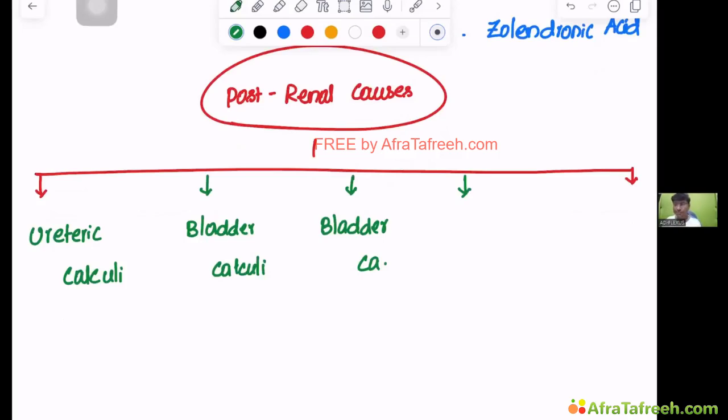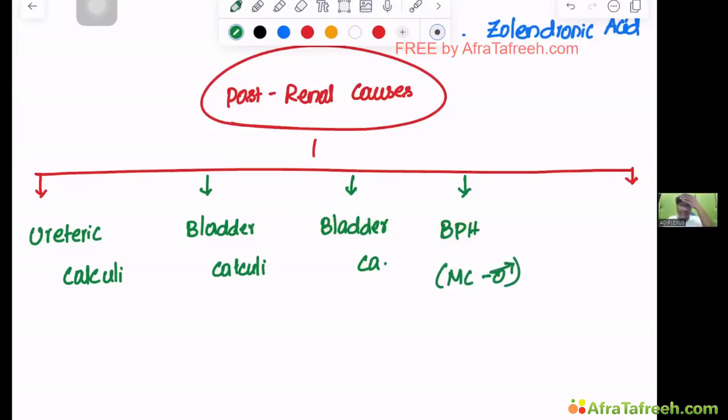Very good. That is Schistosoma. Schistosoma will cause it. Then the other important post-renal cause will be benign prostatic hyperplasia, right? That is the most common cause of post-renal type of acute renal failure in males. That would be your benign prostatic hyperplasia.